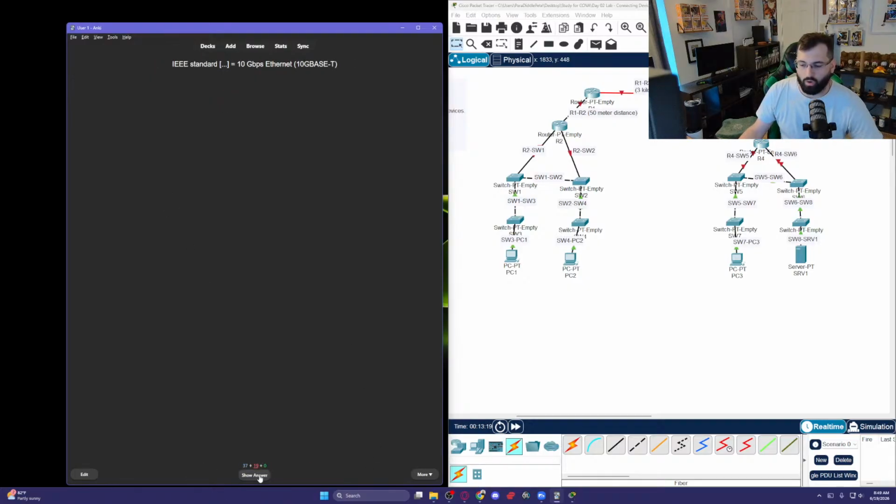Okay, IEEE standard, 10 gigabit Ethernet is 802.3 AB AN. Dang. Those are hard.